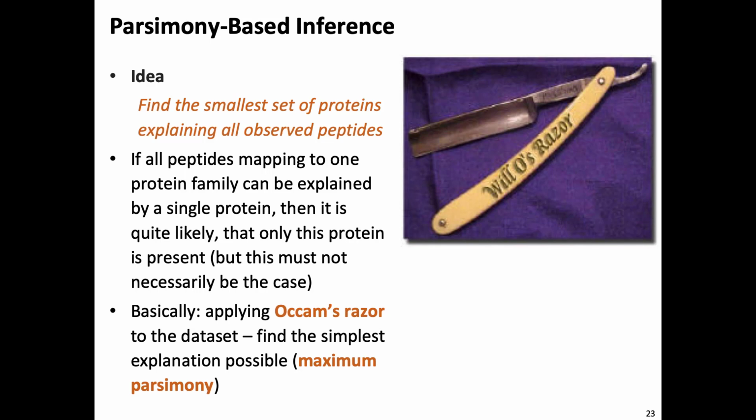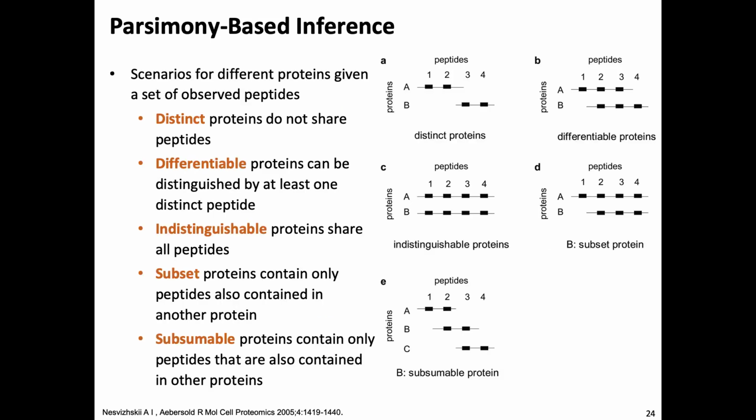If all peptides mapping to one protein family can be explained by a single protein, then it's quite likely that only this protein is present. Occam's razor is the simplest explanation for what I'm seeing. You can argue with that, but it's a simple way to go about it. Let's look at a few scenarios there.